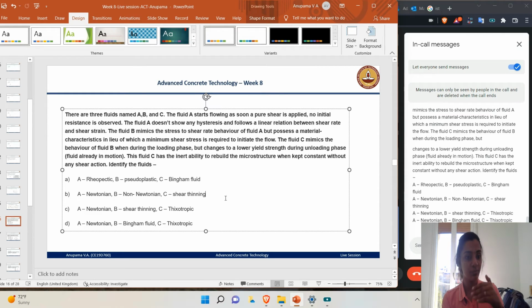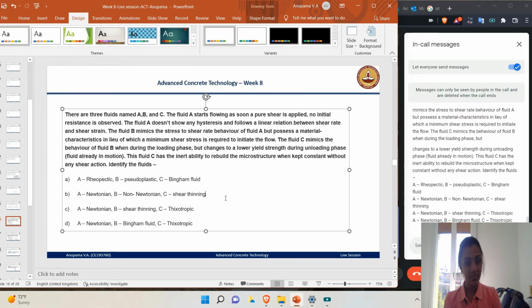Now, considering fluid B, it mimics the stress to shear rate behavior of fluid A. But it possesses a material characteristic by which a minimum shear stress is required to initiate the flow. So, in the case of A, the initial shear stress was not required, but in the case of B, initial shear stress is required, but then the response is similar to that of A.